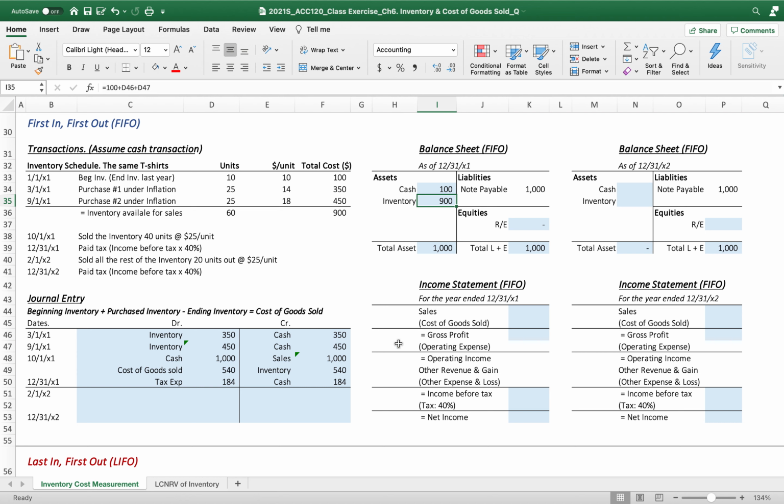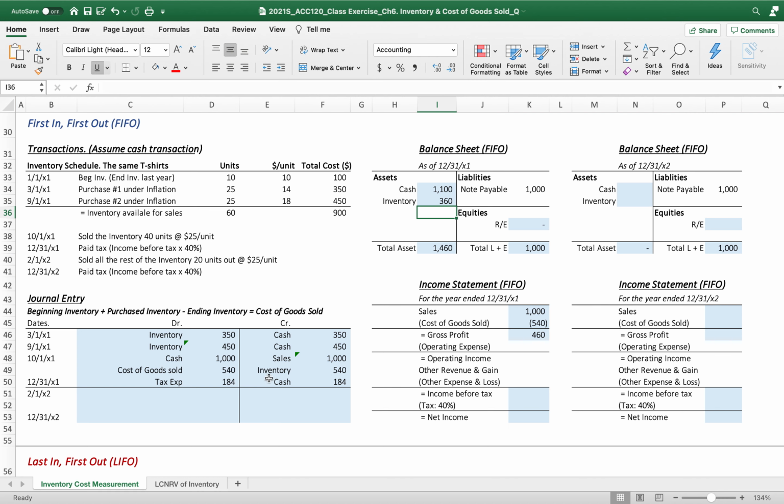Now, the sales we made 1,000 by selling 40 units, and then cost of goods sold, we should record this. Before this, let's go one by one. When we sell 1,000, then we increase this cash, right? And then cost of goods sold is 540. So we got the gross profit 460. By 540, we reduce this inventory out by this amount, 540.